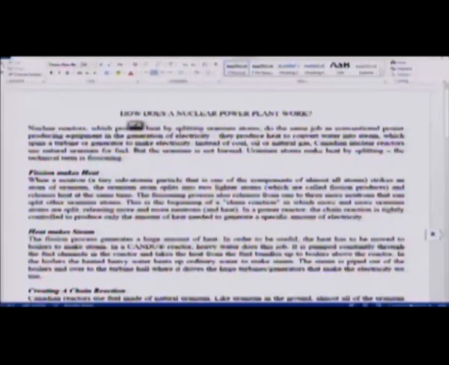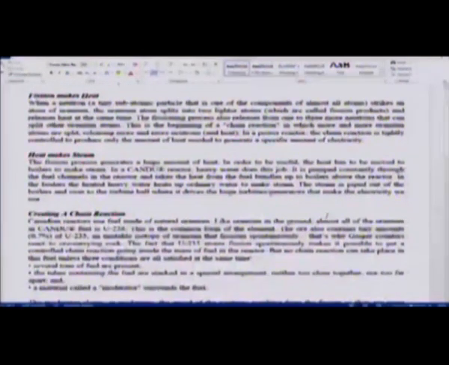It also releases heat at the same time, and then it introduces the term chain reaction. So, what is it? More and more uranium atoms are split, releasing more and more neutrons and heat. Then there is extra information here. This chain reaction is not uncontrolled, it is tightly controlled to produce only the amount of heat needed to generate a specific amount of electricity. So, this explains fission in detail.